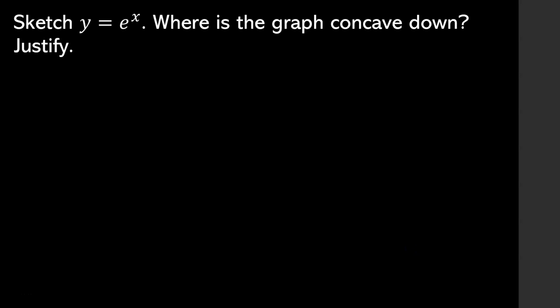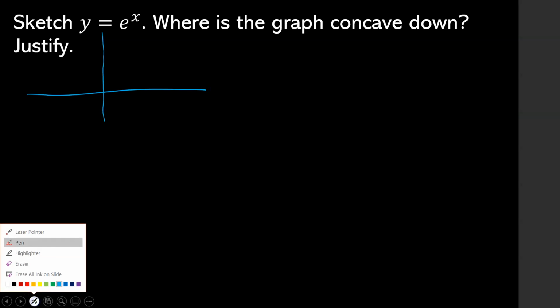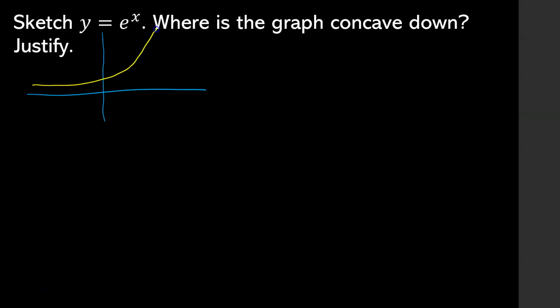Okay, let's think about the graph of e to the power x. And we're looking for where e to the x is concave down. Well, it doesn't appear e to the x is concave down anywhere. It appears e to the x is concave up everywhere. So let's see what we get.